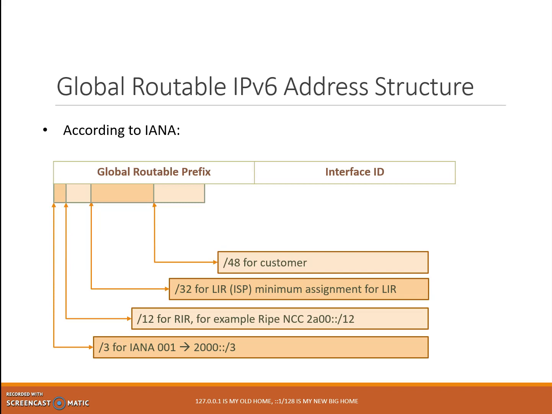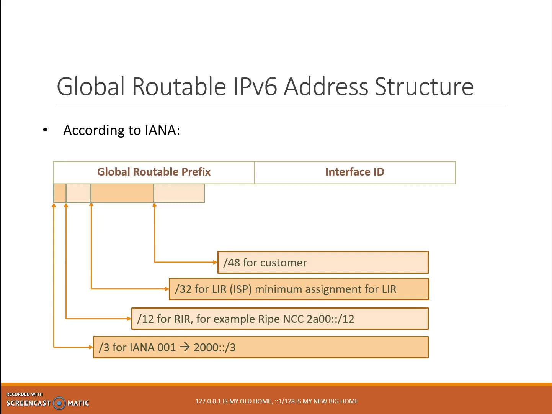And if another customer decides to get a /56 for the global routable prefix, then the subnet ID will be only 8 bits, and that will provide 2 to the power 8, which is 256 subnets only.